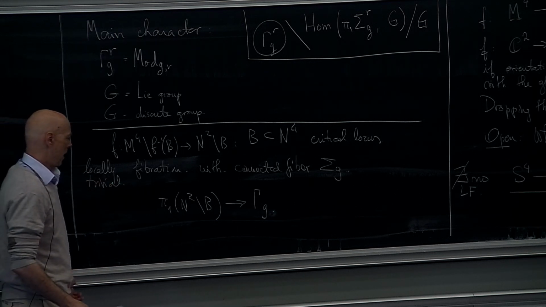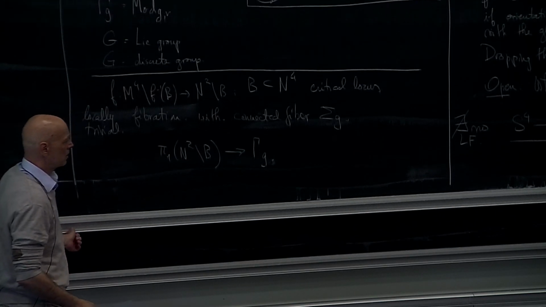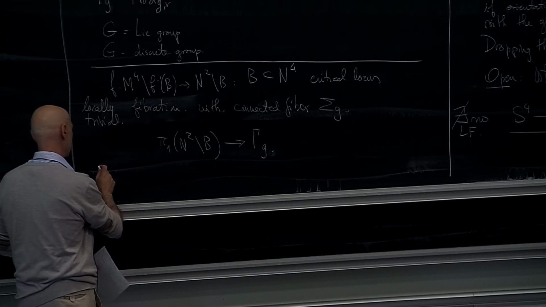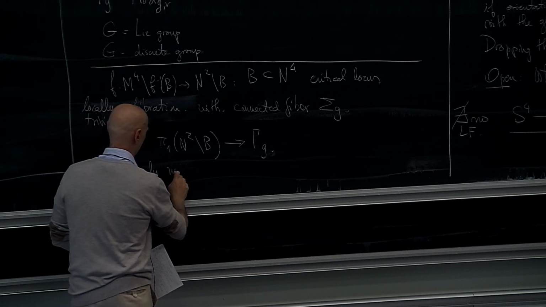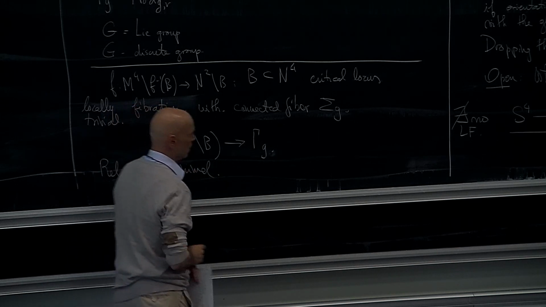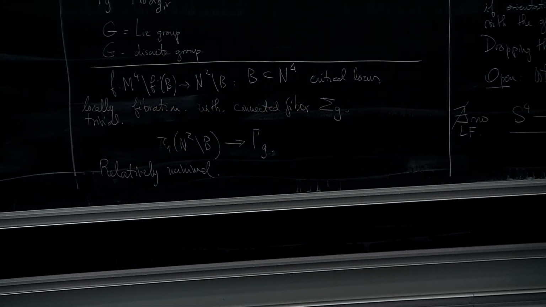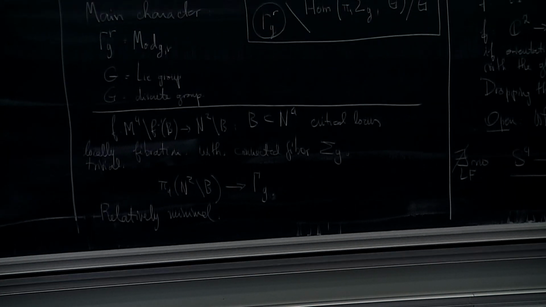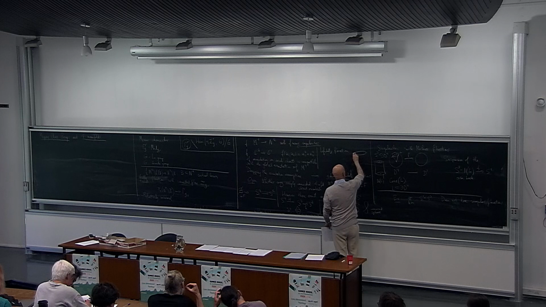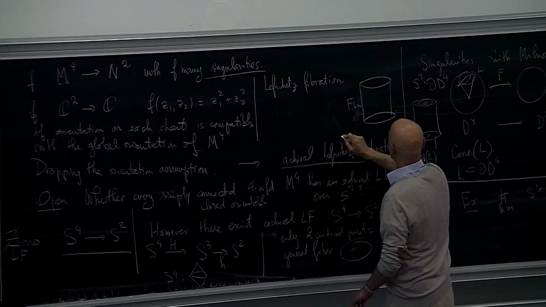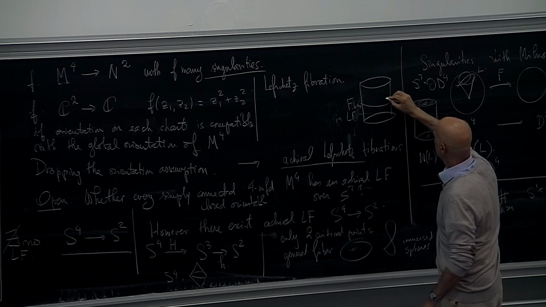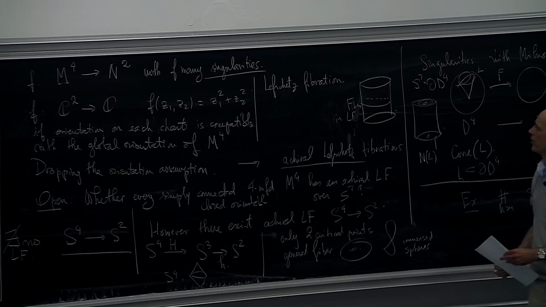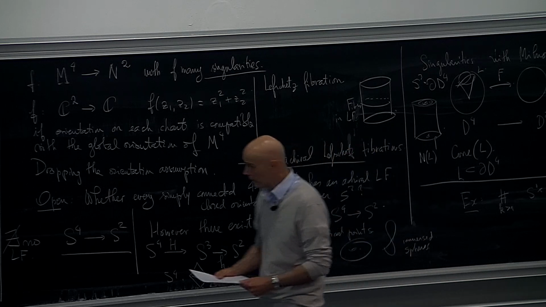Actually, as in the case of usual Lefschetz fibration, there is an extra option called relatively minimal. In a Lefschetz fibration, the local fiber here is simply an annulus, and the monodromy is just the Dehn twist around the core of this annulus.